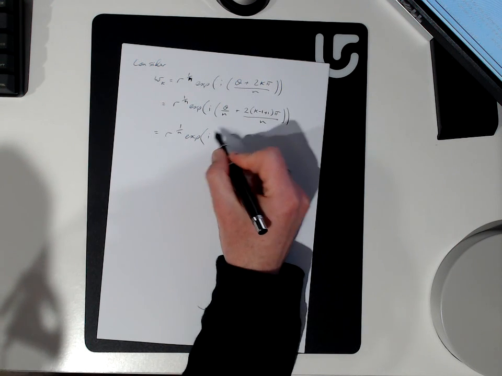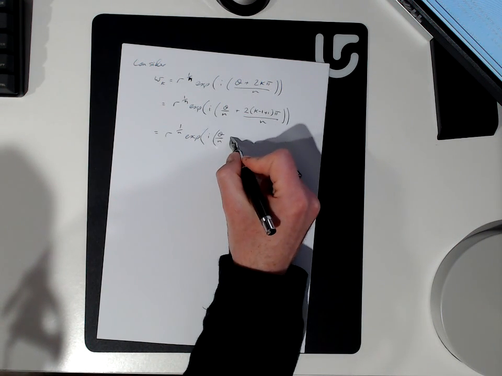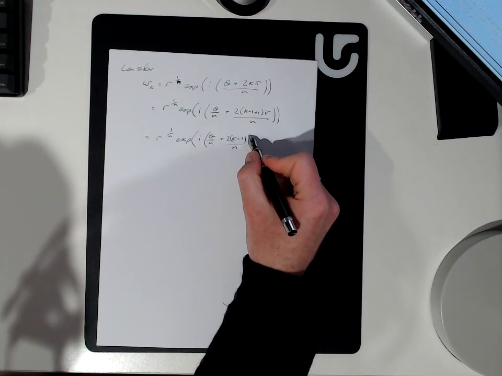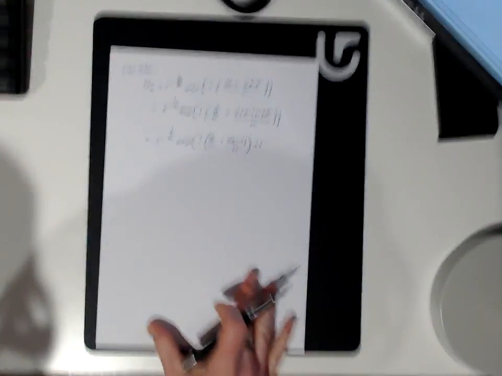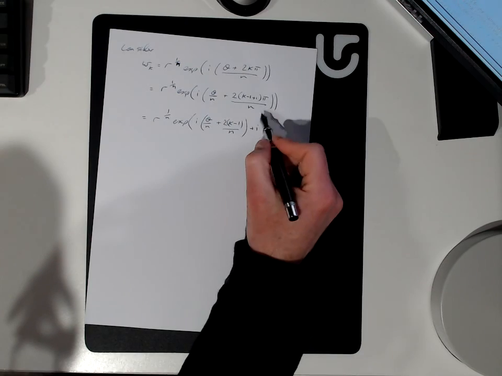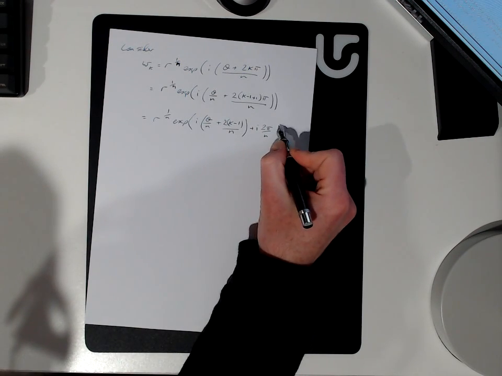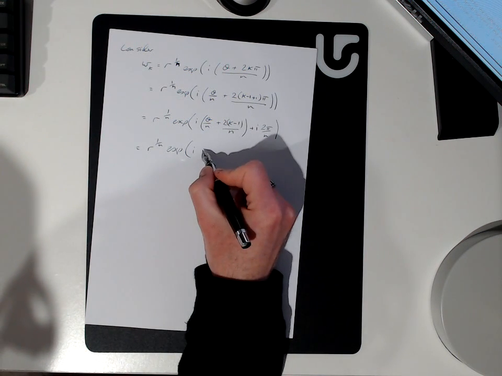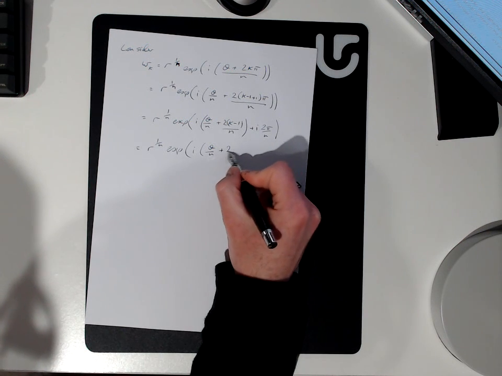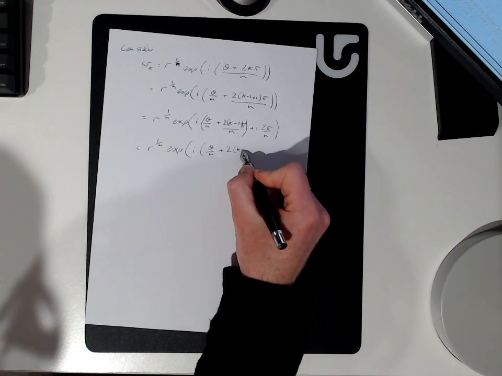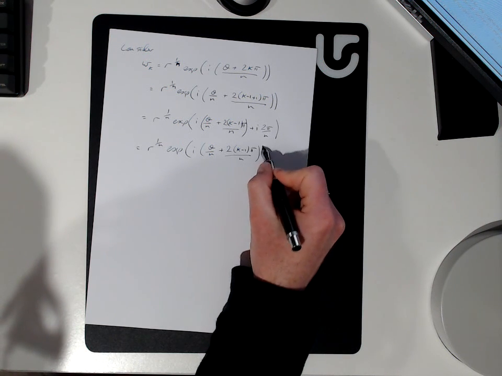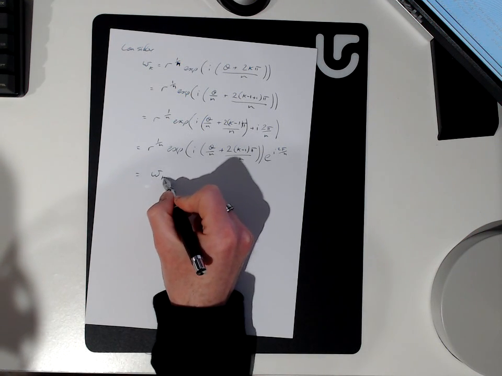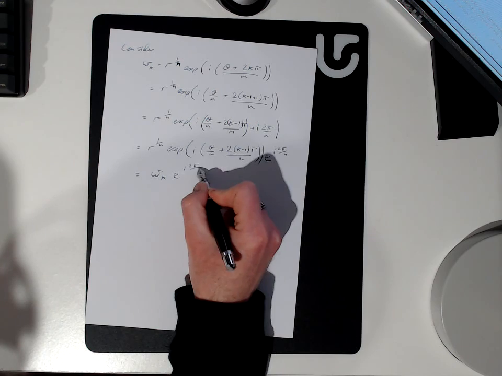So r^(1/n) exp i theta over n plus 2(k minus 1) pi over n, plus i, expanding out the inner bracket, 2 pi over n, which equals omega k minus 1 times e^(i 2 pi over n).